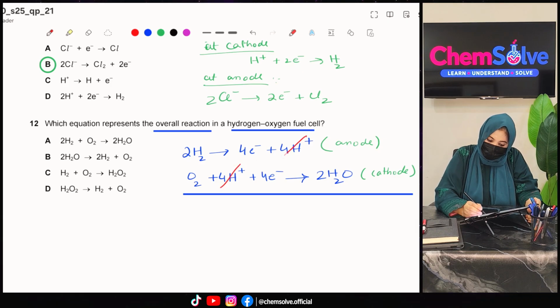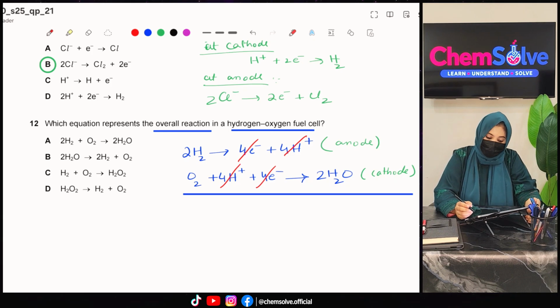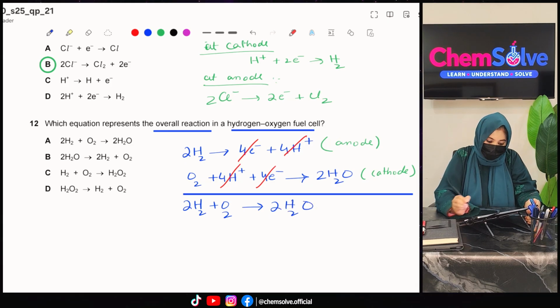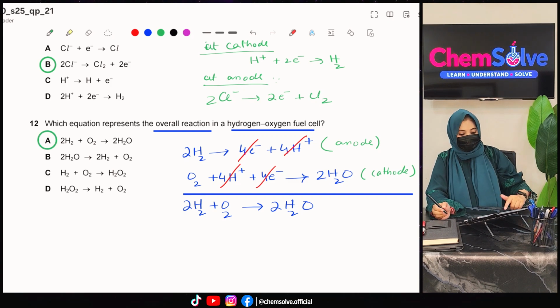H positive ions will be cancelled out, electrons would be cancelled out, because in equation number 1 they are in the product, and in equation number 2 they are in the reactant. So what I will be left with is 2H2 plus O2, it will give 2H2O. So clearly option A is the correct option.